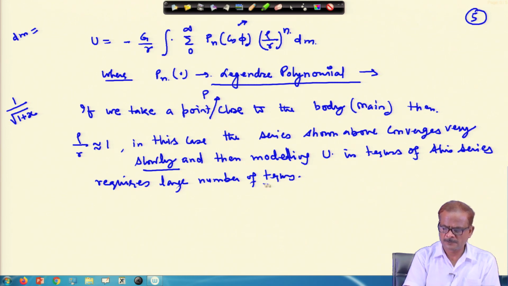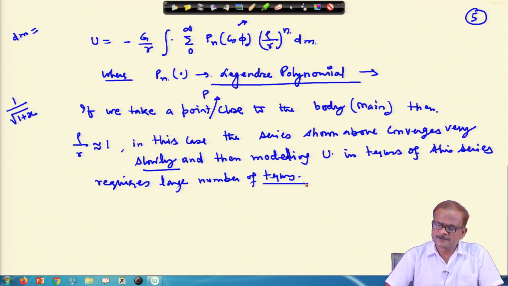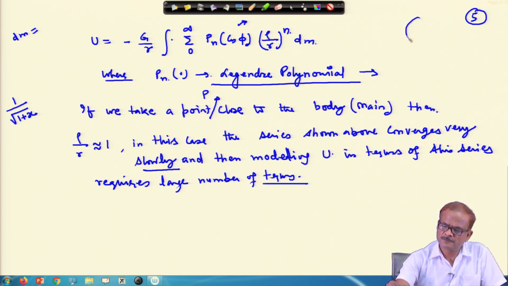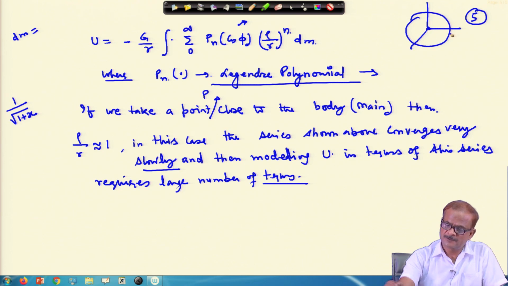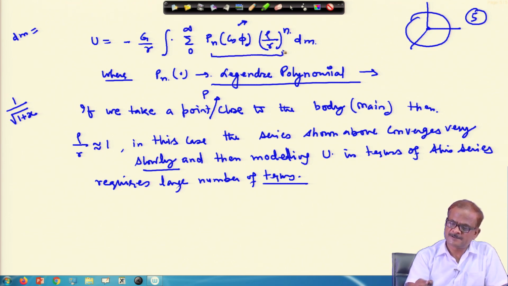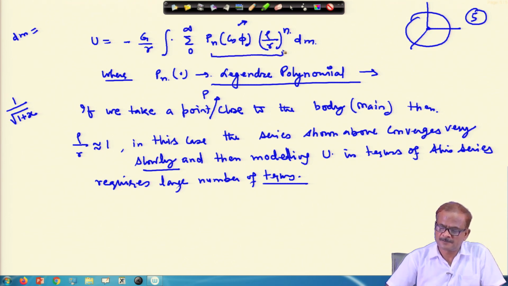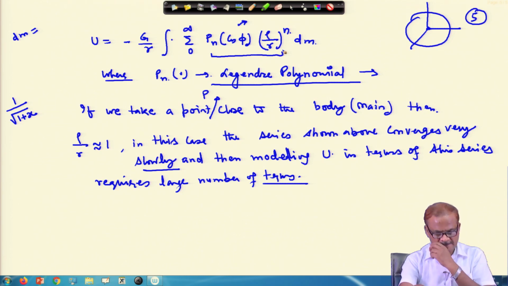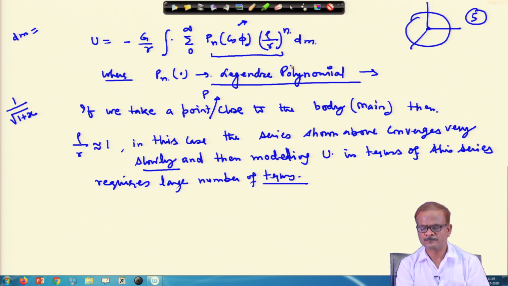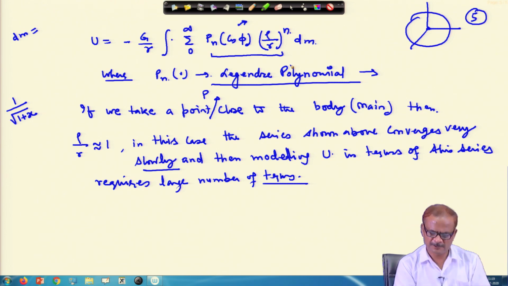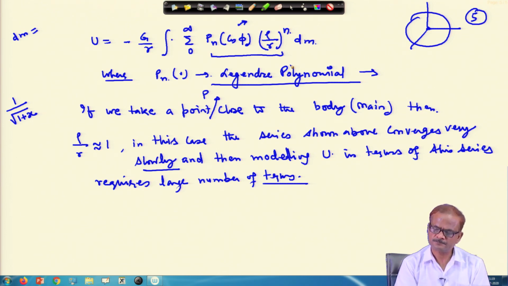So, in the case of the moon, once the lunar gravity modeling is done, there are lakhs of terms. From this place it can be expanded. Okay. Rather than expressing it in this format, it is expressed in terms of the Legendre function, where the spherical harmonics come into the picture.